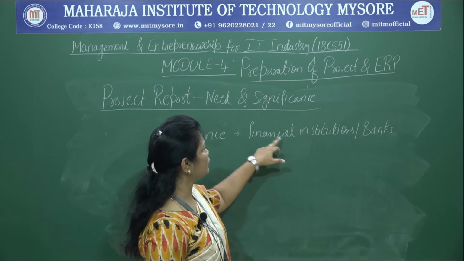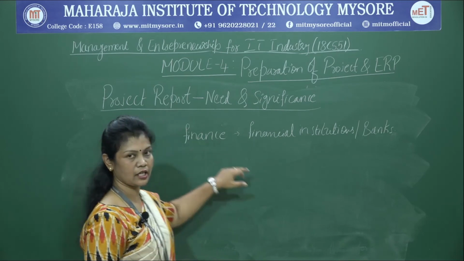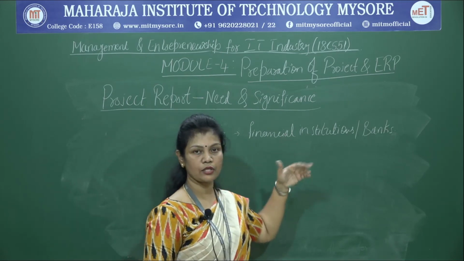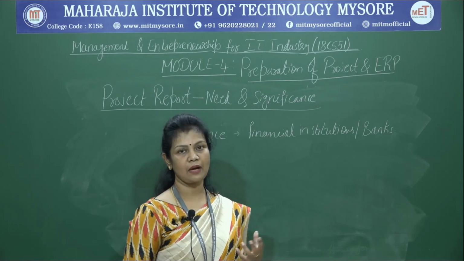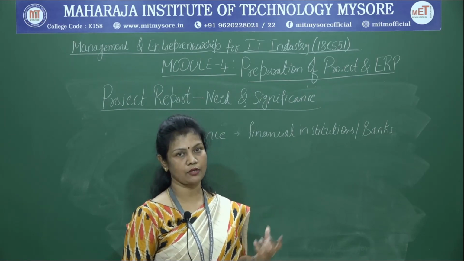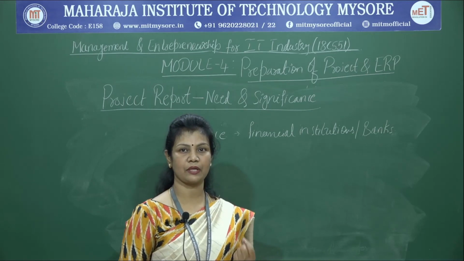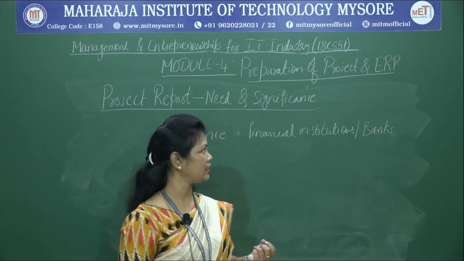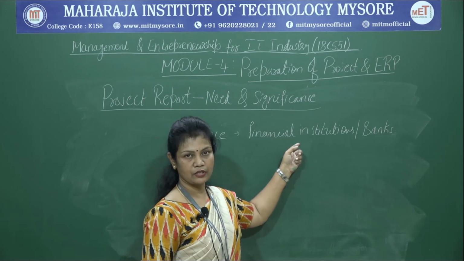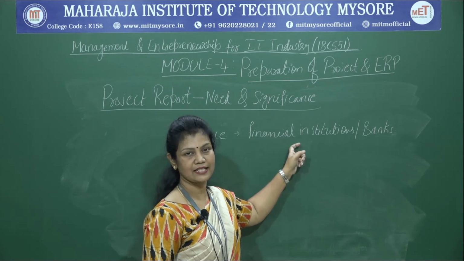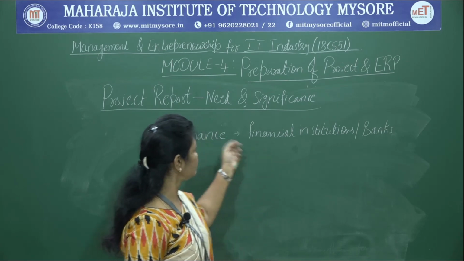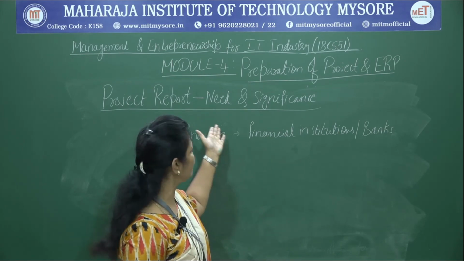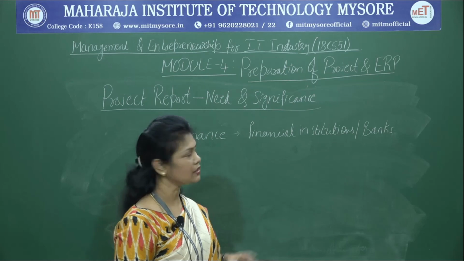So here when they want to give financial support to any particular enterprise or entrepreneur, they are going to look into the project report. Once they go through the project report, they will have some idea about how much amount can be given for this particular type of project. Based on that, they are going to decide how much financial support they can give the entrepreneur to do their business.